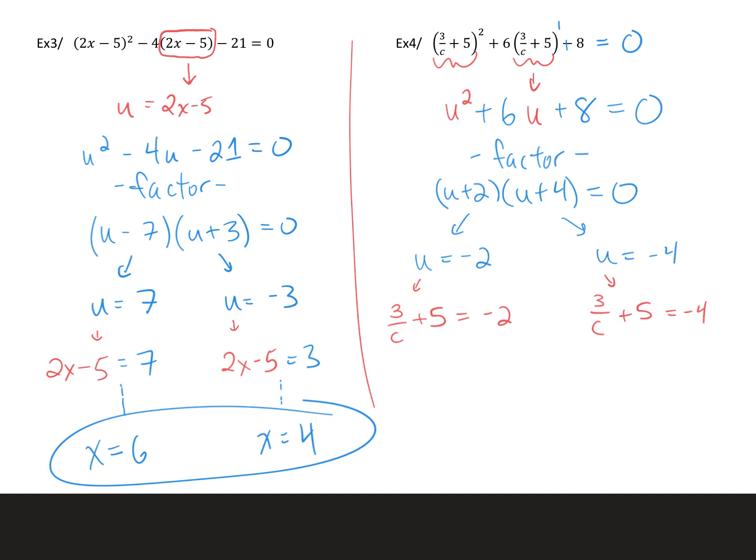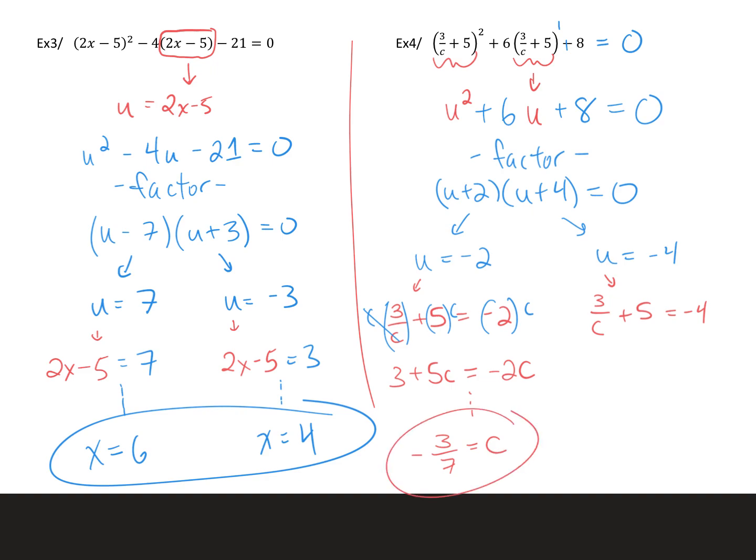So the first thing you will want to do here is make sure you are multiplying by the LCD. And the LCD is just c, because there's only one denominator. And this leaves you with the equation 3 plus 5c equals negative 2c, which then you can solve for c now that it is a linear equation, and you can see that the answer will be negative 3/7 for c.